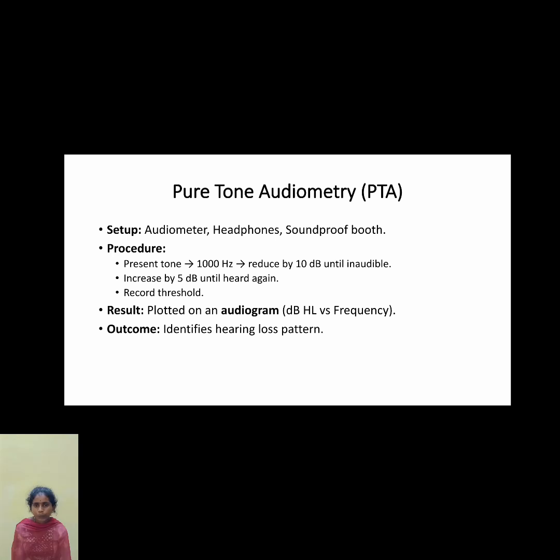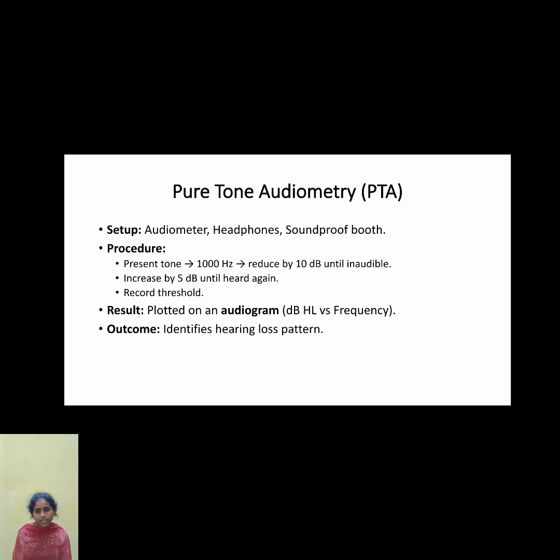Next is pure tone audiometry. It is called PTA and is the most commonly used procedure. The test begins at 1,000 Hz, which is easy for humans to hear. The intensity is reduced by 10 decibels until the patient can no longer hear it.